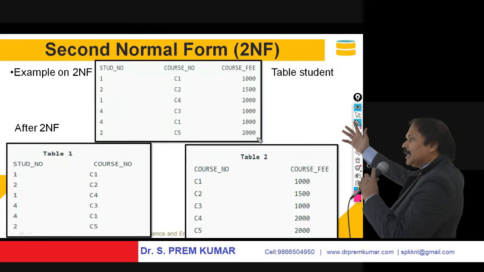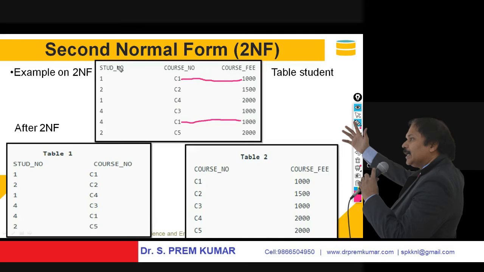Now observe the point here. Whenever there is a course 1, the fee structure is 1000 rupees. In fact, all these attributes should depend on student number. When I say student number, I should be able to say the course number, and how much fees he paid.